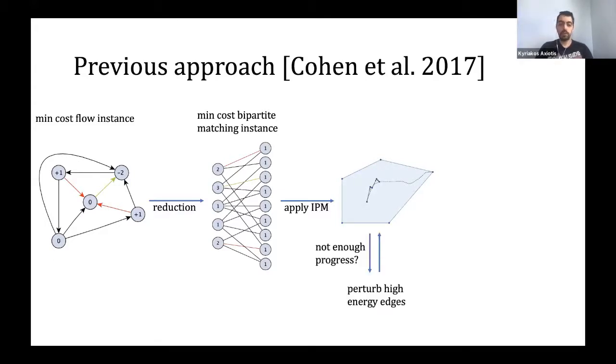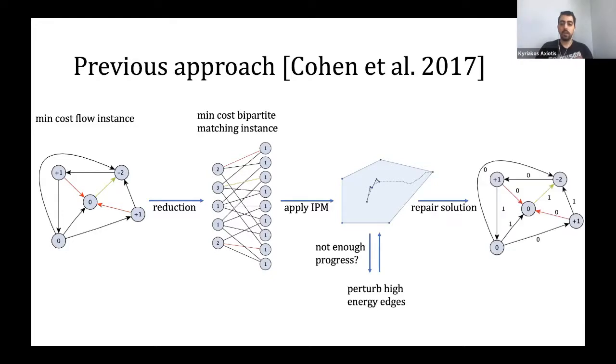And whenever there is not enough progress in the interior point method, they perturb a few high energy edges. And then finally, they repair the solution to get the solution for the original problem. The first step of our approach will be to get rid of the reduction. So we're going to work directly on the initial instance, which will give us some better understanding since we'll be working on the instance that we actually want to solve.